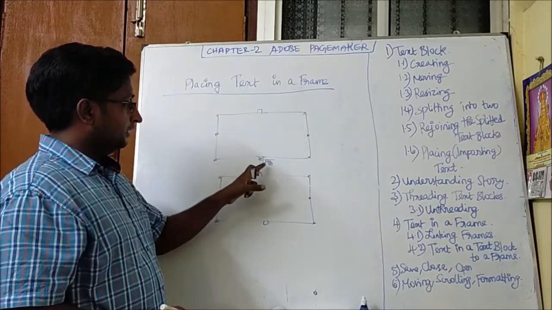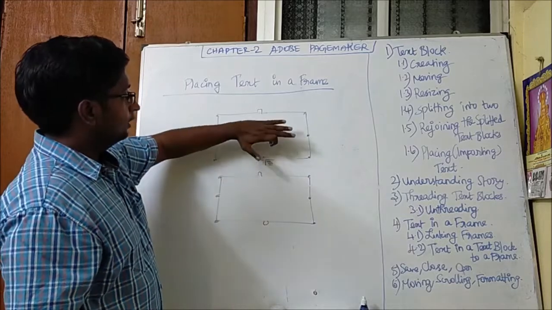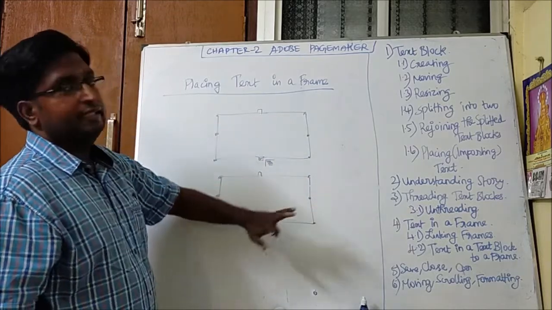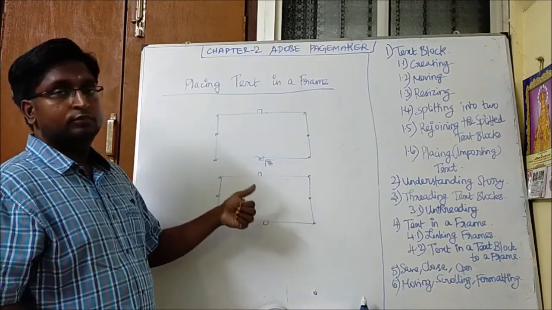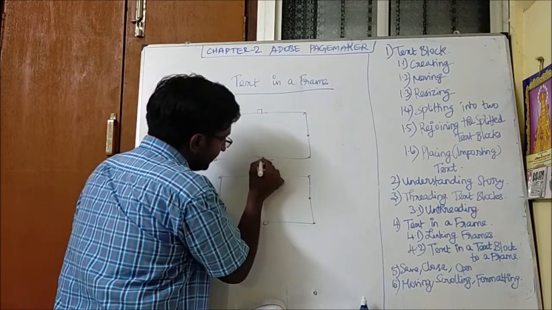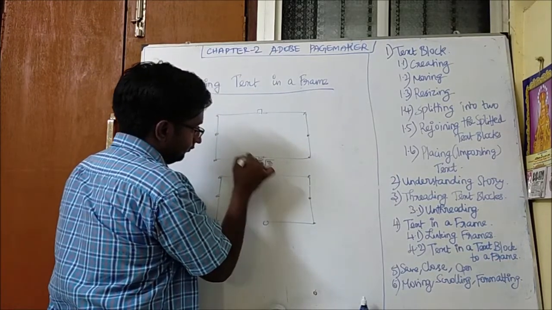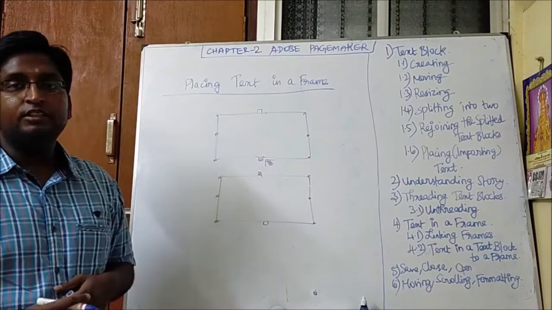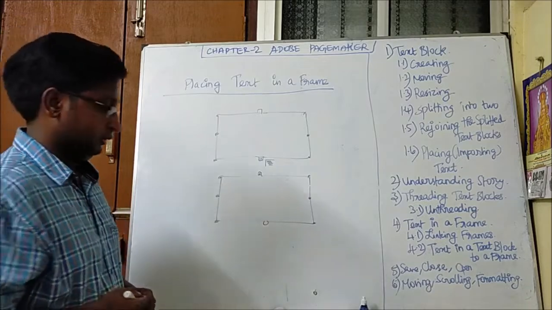So with the loaded text, when you click the second frame, automatically the text flows to the next frame also. So this is how we link the frame. Once the text gets flowed, the icon will change into plus inside the handle.